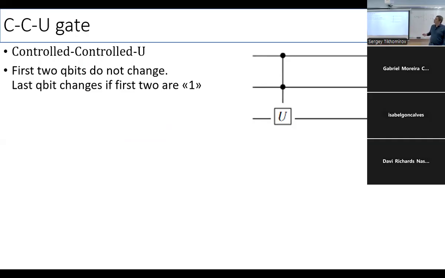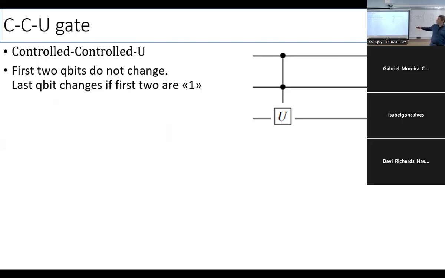So this is the so-called controlled-U gate. It's the same as a controlled gate, but with 2 controlling qubits. It never changes the value of the 2 controlling qubits. If both of them are equal to 1, then I apply U to the third qubit.